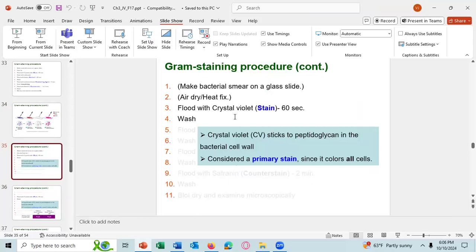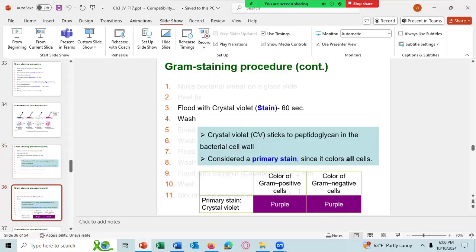Remember, after each step of the Gram stain, we'll have a cold water wash. Crystal violet will stick to the peptidoglycan in the bacterial cell, and the bacterial cell wall has the peptidoglycan. It's considered the primary stain because it colors all cells the same, and it'll be a bluish purple color. So here, both the gram-positive cells and the gram-negative cells are bluish purple in color.